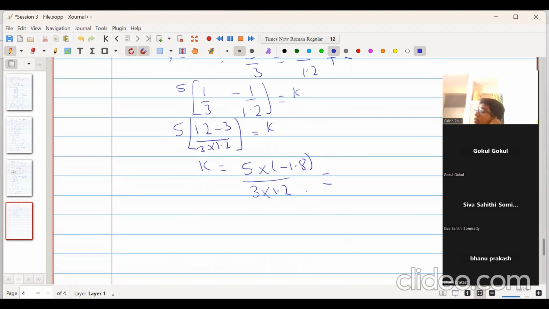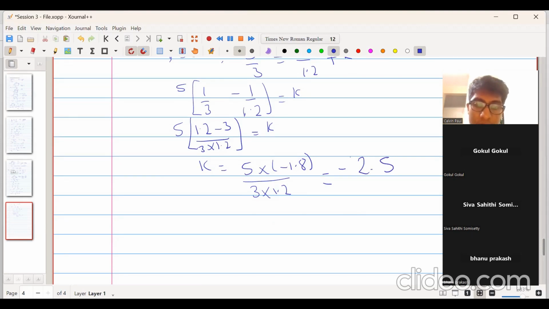Can someone solve and tell me? Minus 2.5, sir. So we get k to be equal to minus 2.5.